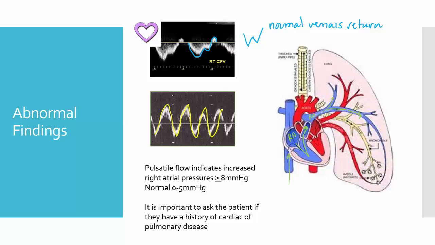Blood returns through the SVC, IVC into the right atrium, out to the right ventricle, out into the pulmonary artery and out into the lungs to be reoxygenated to head back into the left atrium.